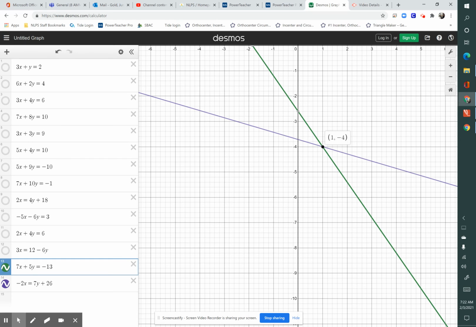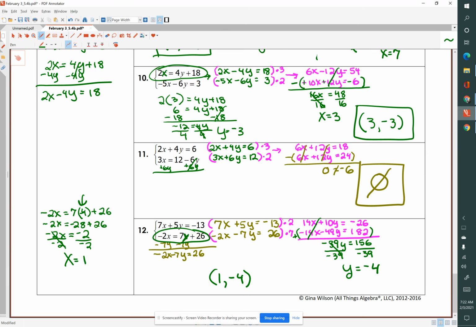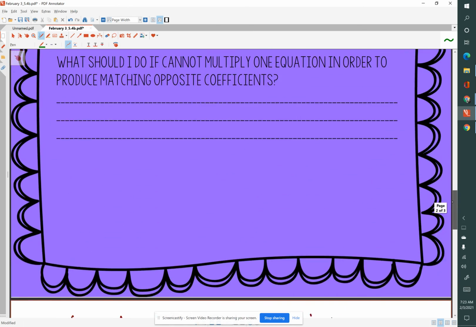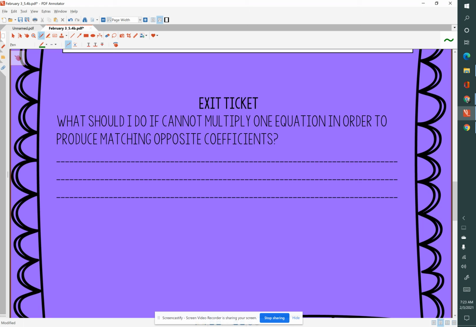And again, if I had not caught my mistake, I would have found my mistake on Desmos, which would have meant I would have gone back and corrected my work, which is exactly what you should be doing, especially when you are taking a test. So Desmos is a great way to check your homework without asking for extra help.